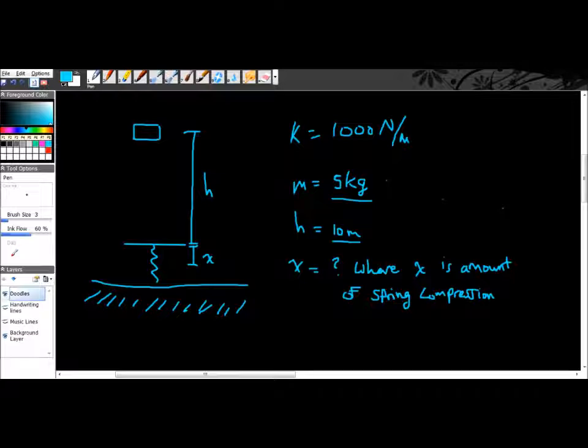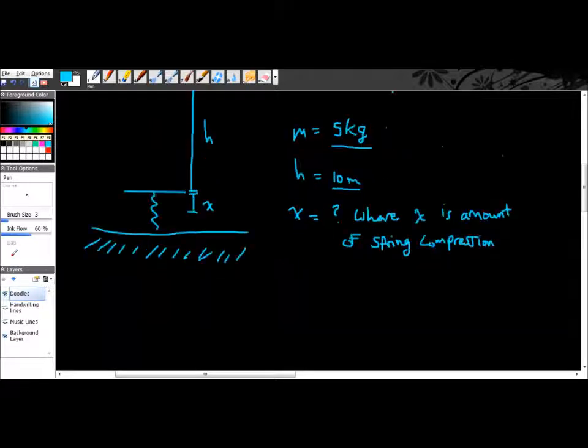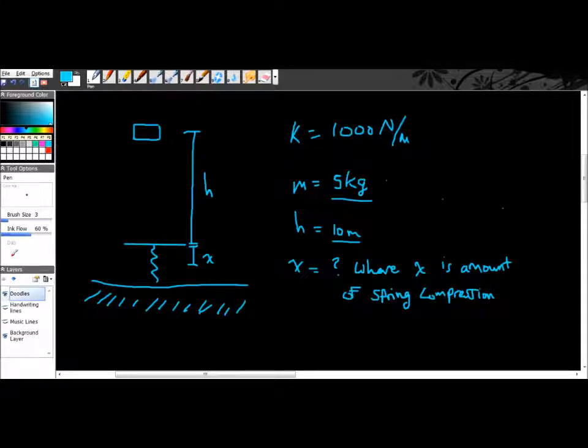The hardest part about this problem is to realize that as the spring is being compressed, the block is still falling. So the block still has potential energy.